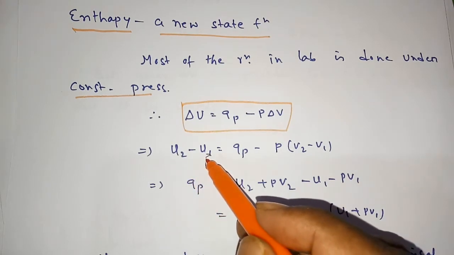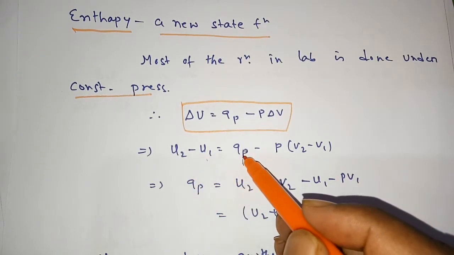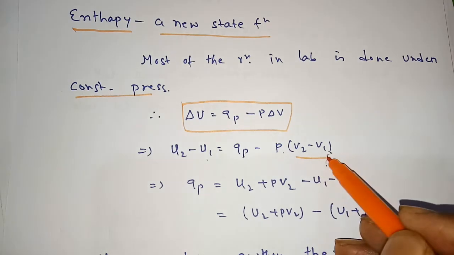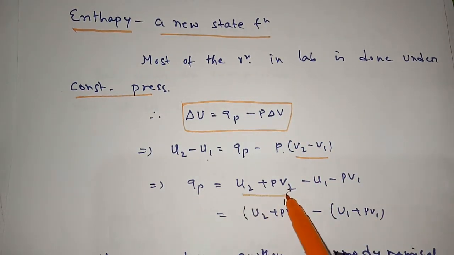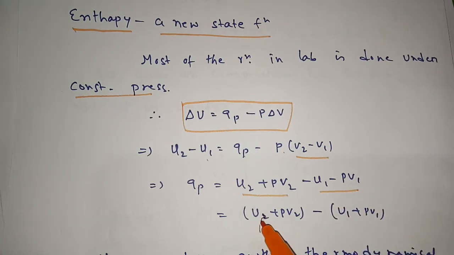Del U is U2 minus U1, equals QP minus P of V2 minus V1, where del V is V2 minus V1. So QP equals U2 plus PV2 minus U1 minus PV1. So U2 plus PV2, with the minus sign common, minus U1 plus PV1.